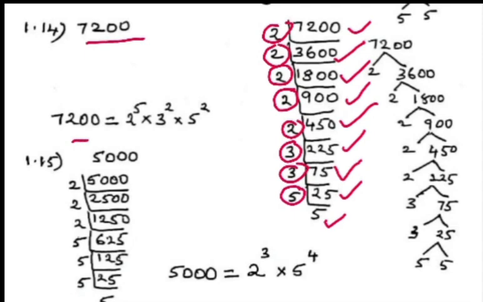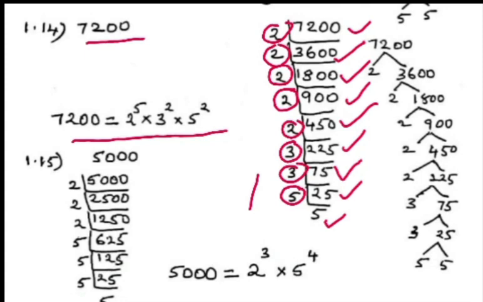So 7,200 is expressed as 2 power 5 multiplied by 3 square multiplied by 5 square.